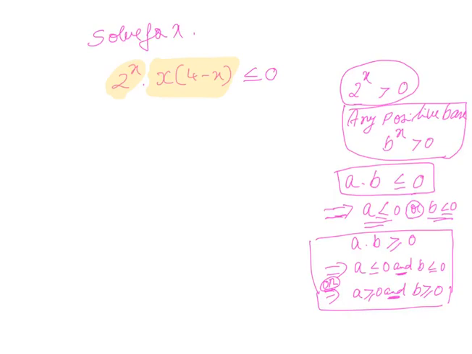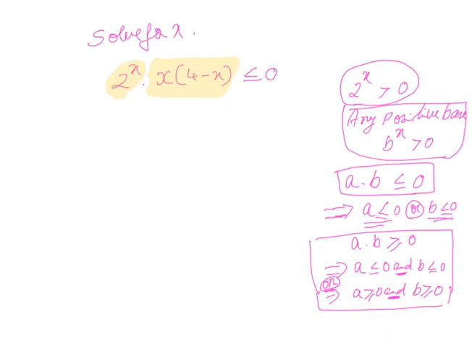functions in the inequality. So 2 to the power of x times 4 minus x less than or equal to 0. As I already said, 2 to the power of x is always positive, because for any positive base b, b to the power of x is greater than or equal to 0. That means my first function is always positive.